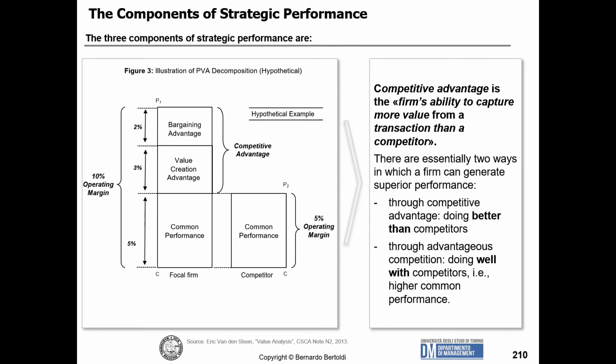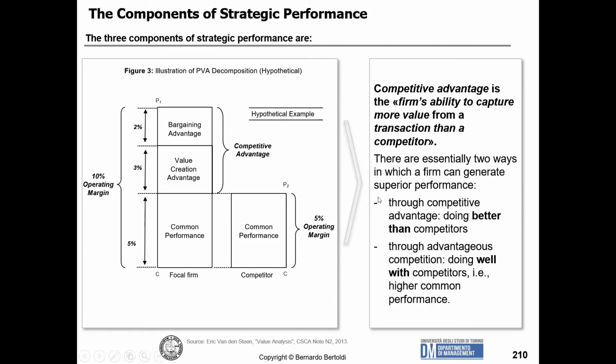This is the common performance. So if you want to increase your capability in doing better performance, you can do 2 things. First, you can do better than competitors through a competitive advantage. Those competitive advantages are gained through bargaining advantage or value creation advantage.